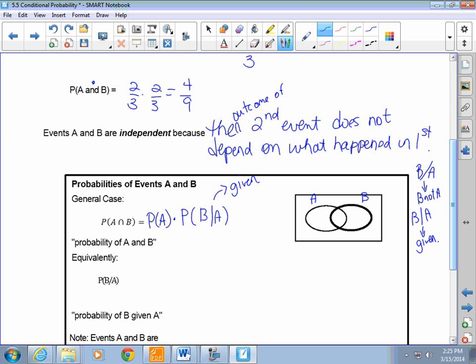So probability of A and B. The equivalent of the probability of B given A happening, if I look at my chart here, is the probability of A intersection B, so that's that part, but I'm dividing out that probability of A.